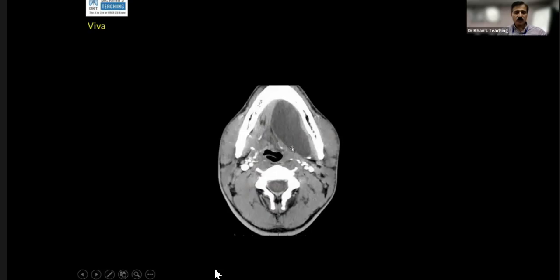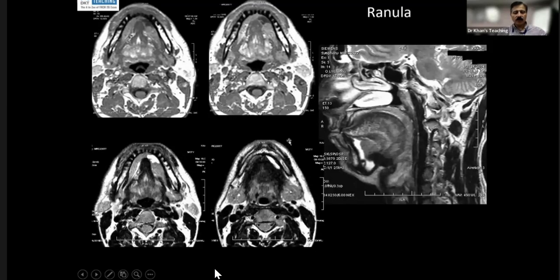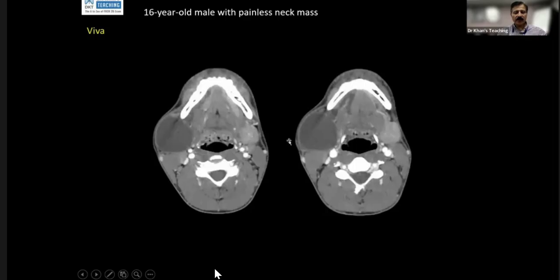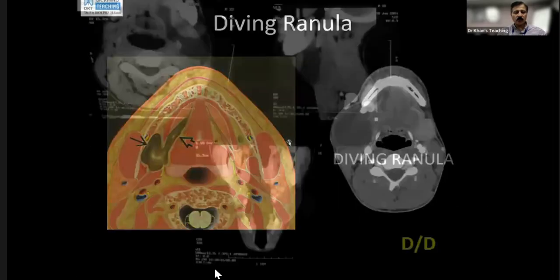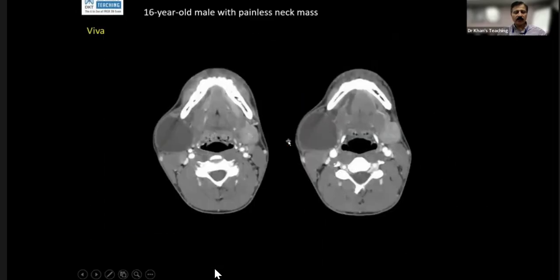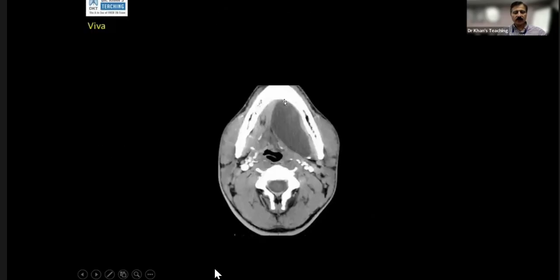Which space is this lesion involving? Sublingual. So what is your diagnosis? It can be a ranula. Excellent. Now, what is a ranula? A ranula is a retention cyst.